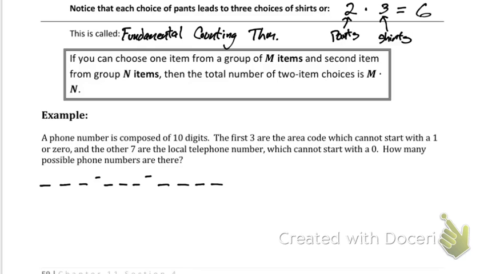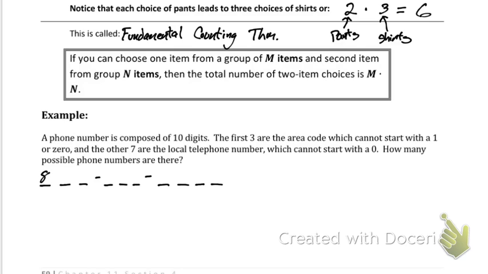Okay. So I'm going to list all my possibilities. We're going to start with our very first number of our area code. Well, an area code cannot start with a 1 or a 0. So how many possible numbers are there to be in this first spot, if it can't be a 1 or a 0? Yeah. There's 8 possible numbers. It can't be a 0, it can't be a 1, but it can be a 2, 3, 4, 5, 6, 7, 8, 9.